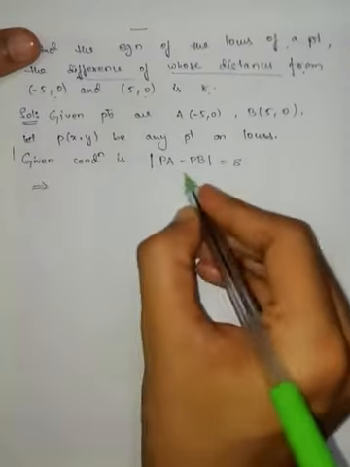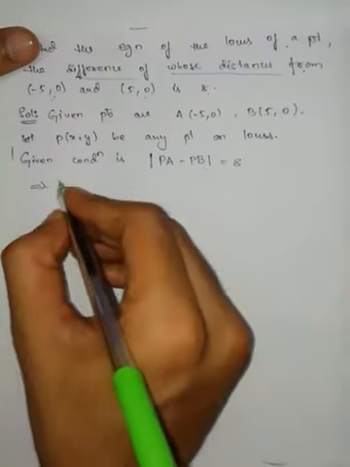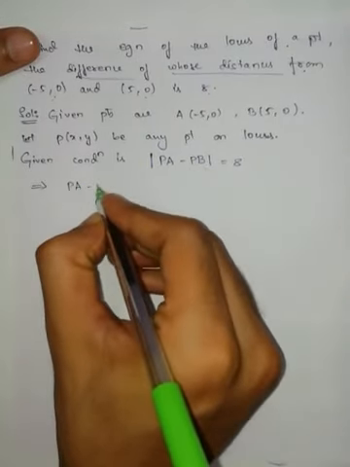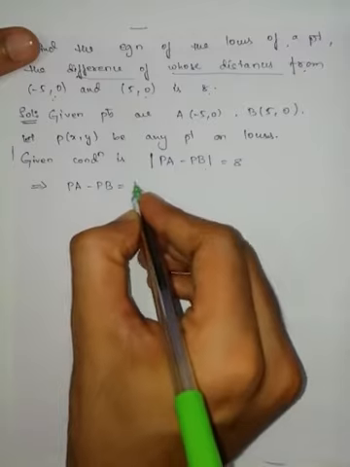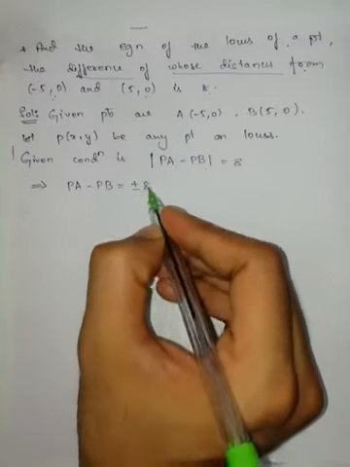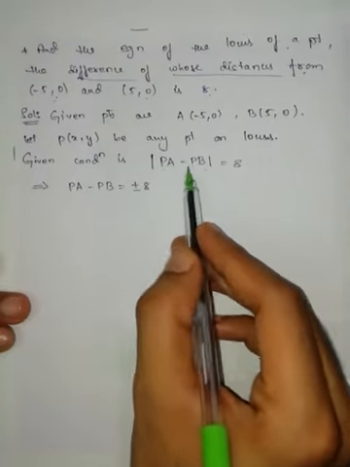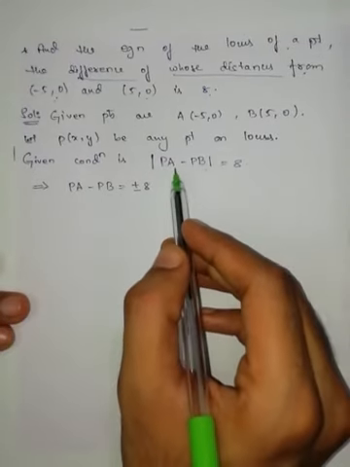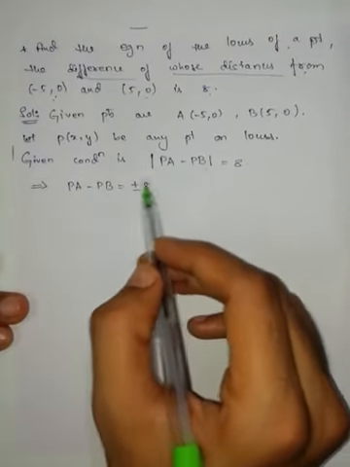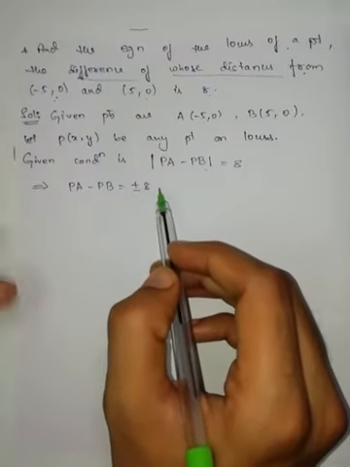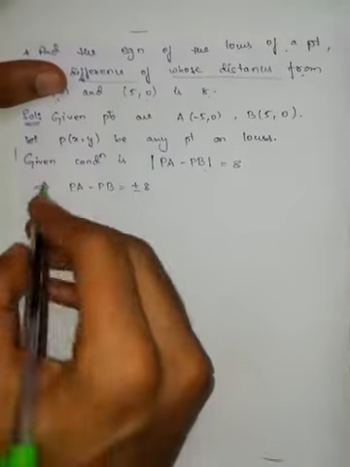If I remove the modulus symbol, I will get PA minus PB is equal to plus or minus 8, because I don't know whether PA minus PB is positive or negative.